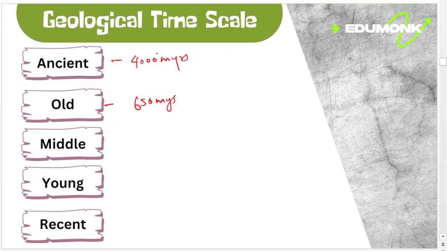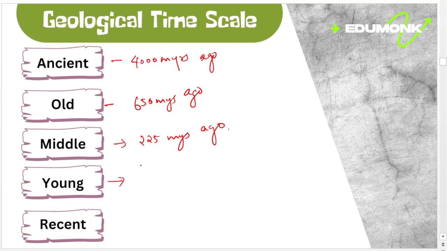That's known as the old relief feature or old physical feature. In the middle stage, it is 225 million years ago. A middle order relief feature is formed between 650 million years ago and 225 million years ago. That's known as a middle order physical feature.